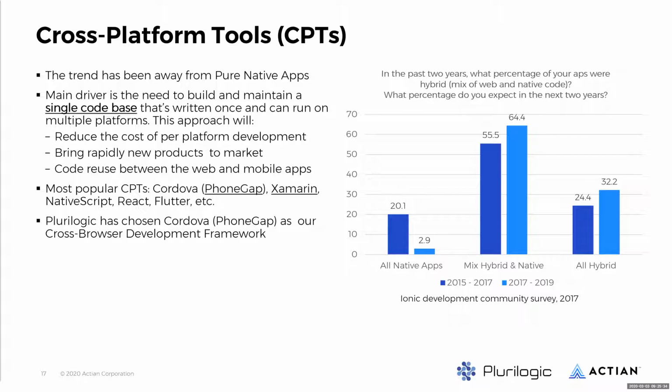To do this, we looked at different cross-platform tools in the market. The most popular ones are Cordova, Xamarin, NativeScript, React, Flutter, and there's a number of them. But Plurilogic finally chose to work with PhoneGap, Apache Cordova, which is our cross-platform development framework of choice.